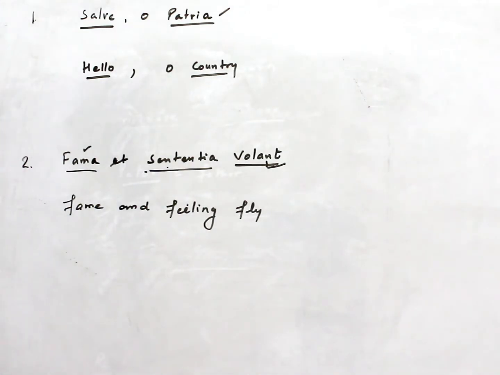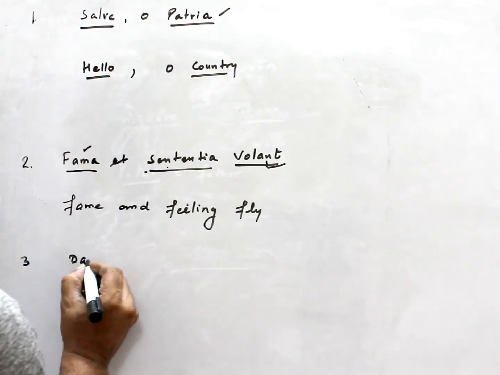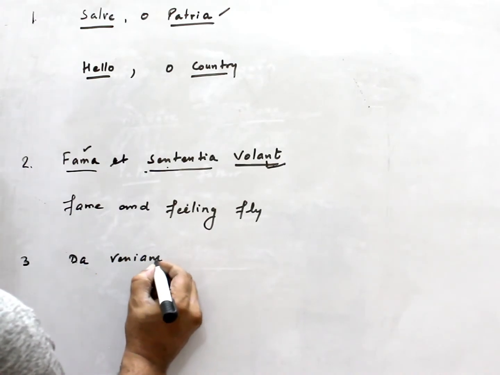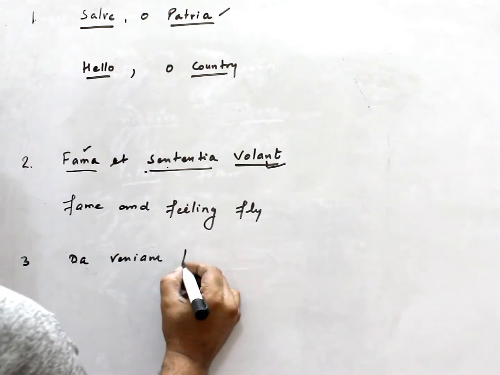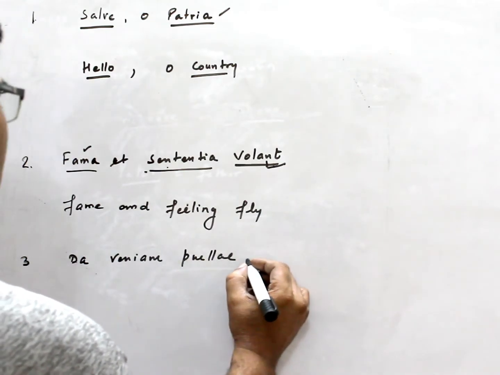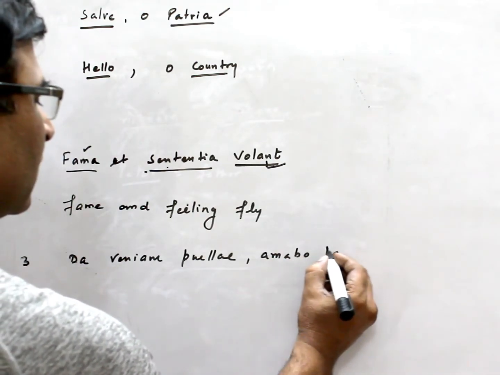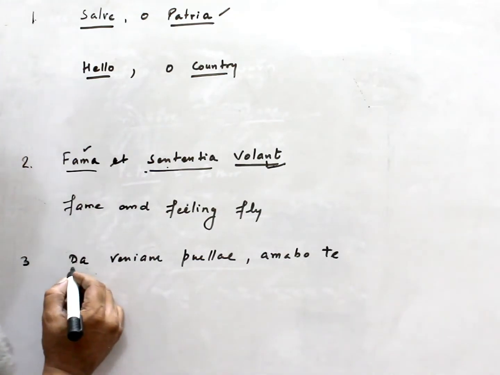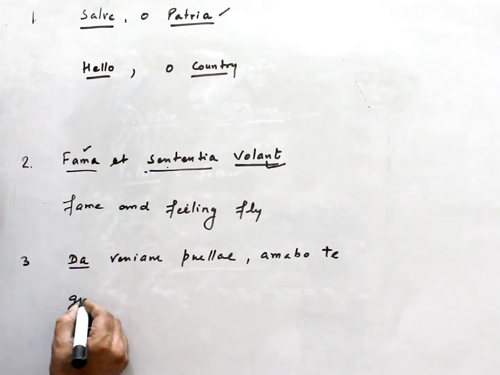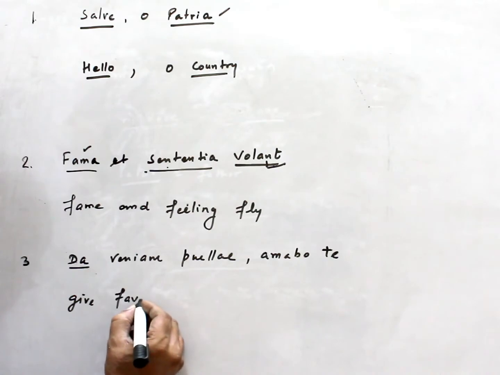So third: da veniam puellae, amabote. Da is the imperative, give. Veniam is favor or pardon.